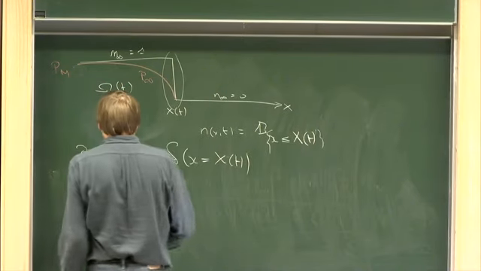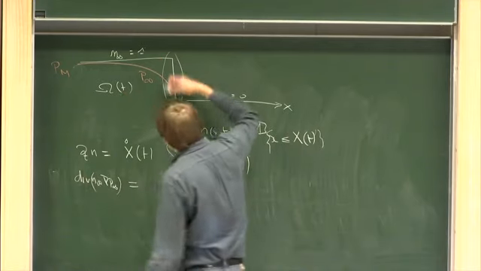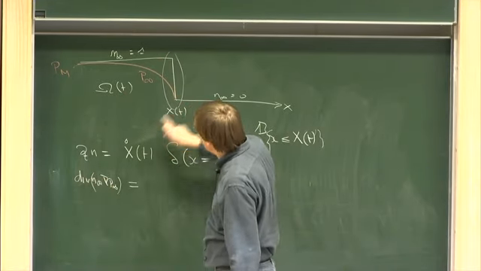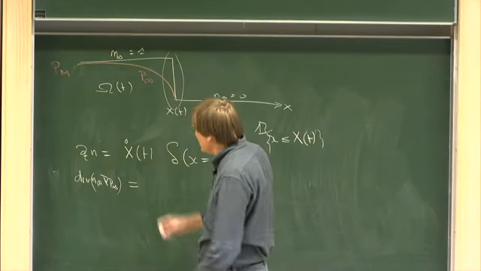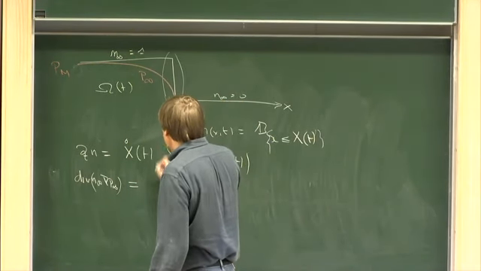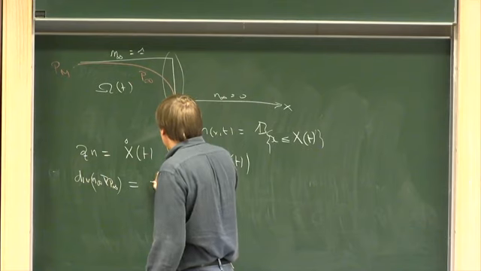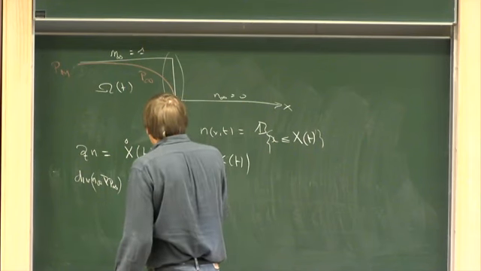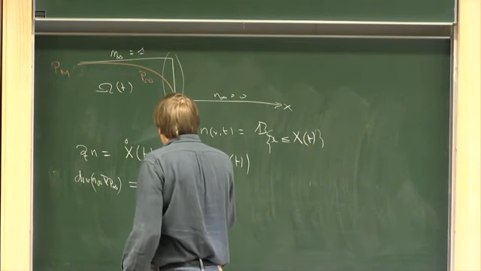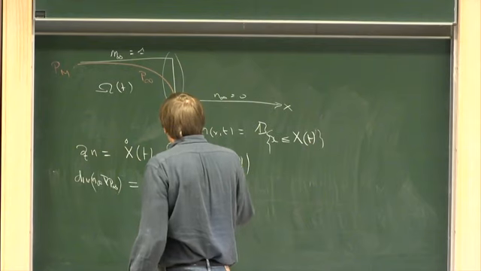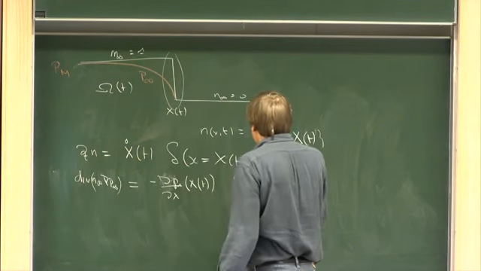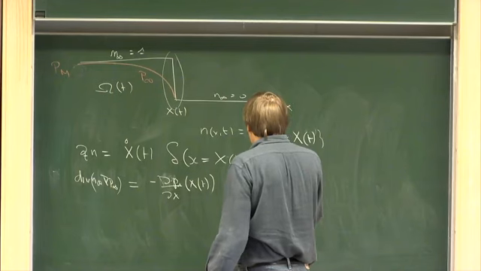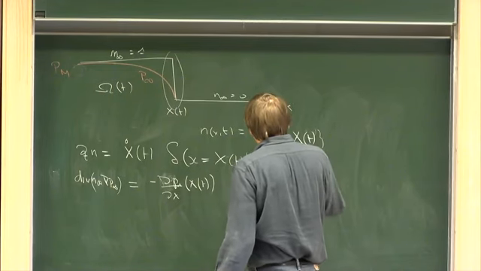In terms of distribution, it's the derivative of a jump from 0 to gradient p. So the derivative is the Dirac mass, and the Dirac mass is exactly the term minus grad p. Here it's just the derivative in x, meaning you are in 1D, at X of t, delta of x equal capital X of t.